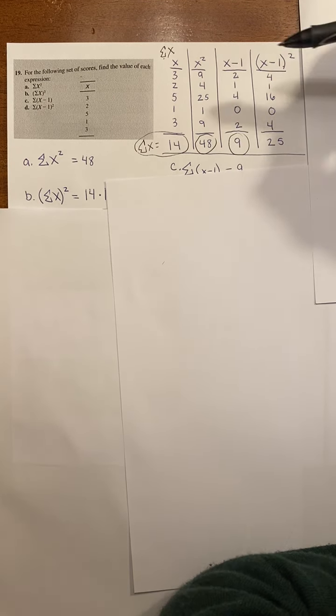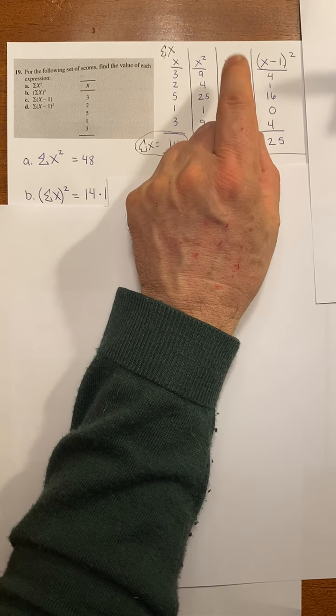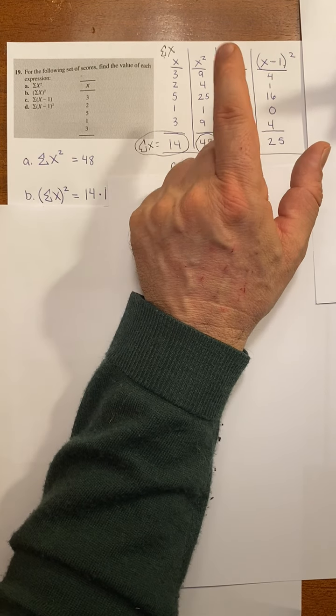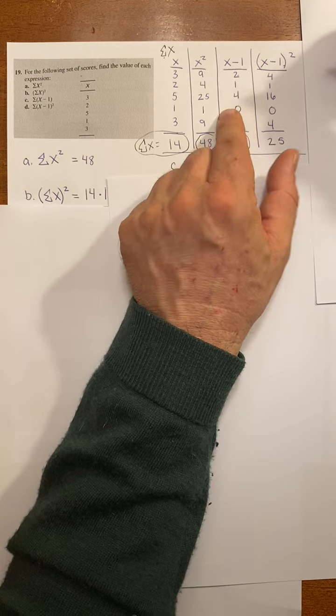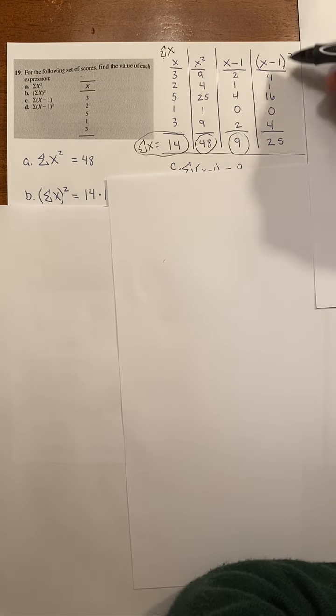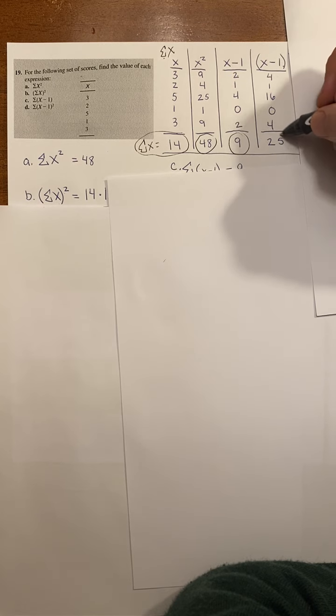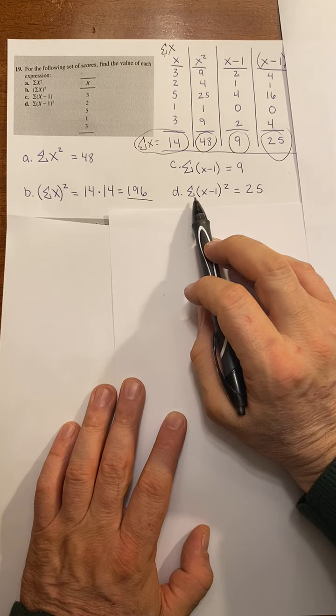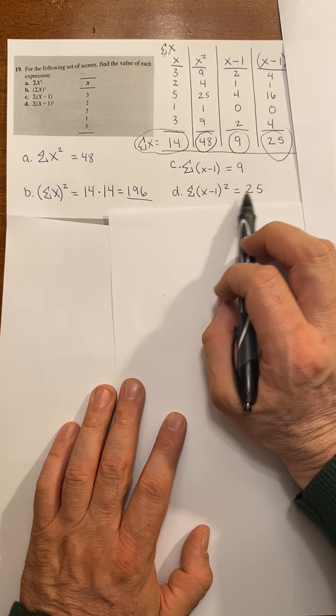So we got 2 in this column. 2 squared is 4. 1 squared is 1. 4 squared is 16. 0 squared is 0. 2 squared is 4. From there, we're going to sum up the values in this column. Gives us 25. And so then we say the sum of x minus 1 squared is 25.